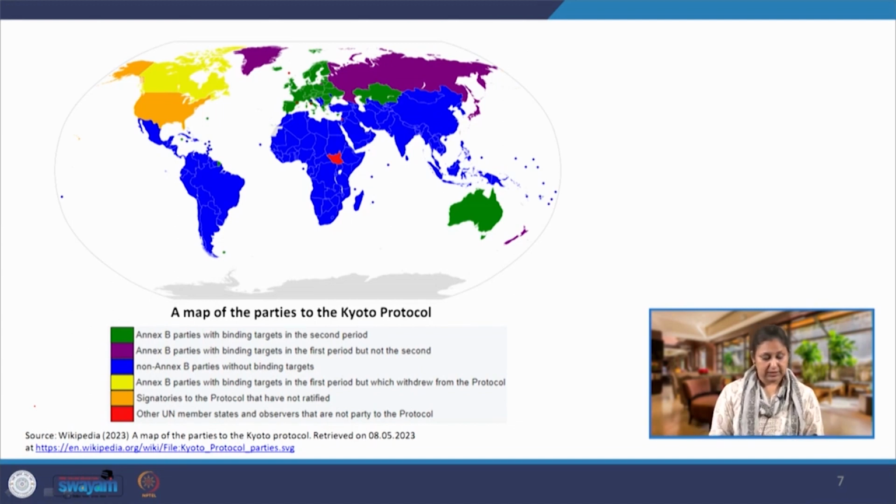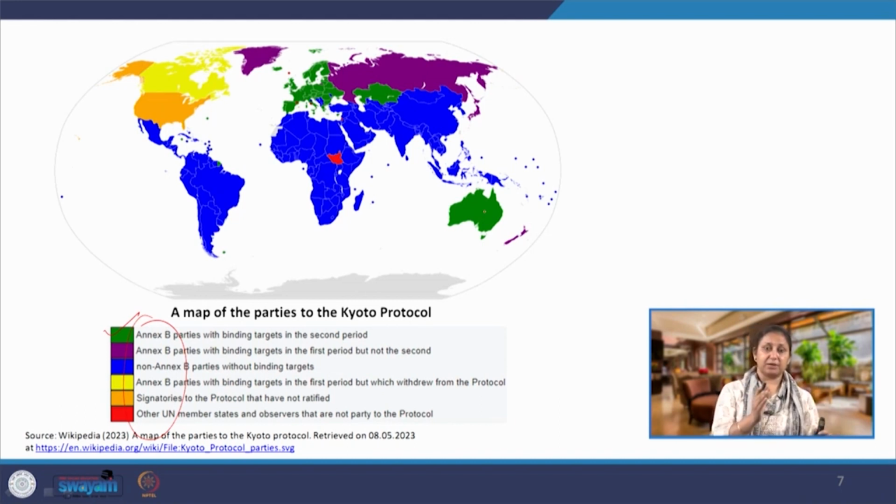If you look at this and remember the different annexes, you can see that the ones in green are the Annex B parties with binding targets in the second period. Kyoto Protocol had two periods, 1997 to 2012 and 2012 to 2020. These are the two binding periods.